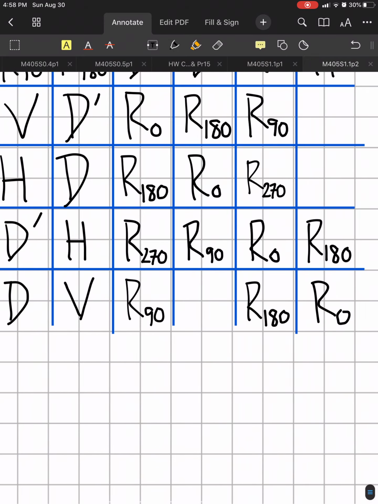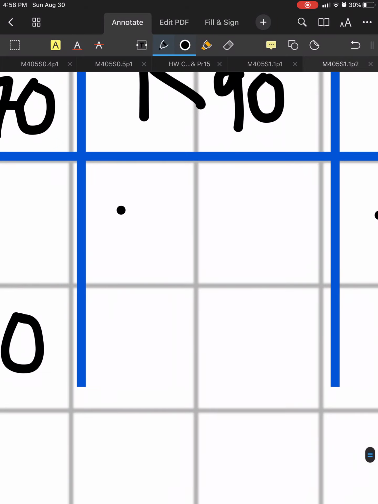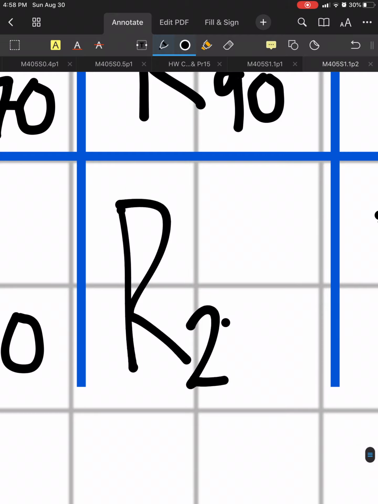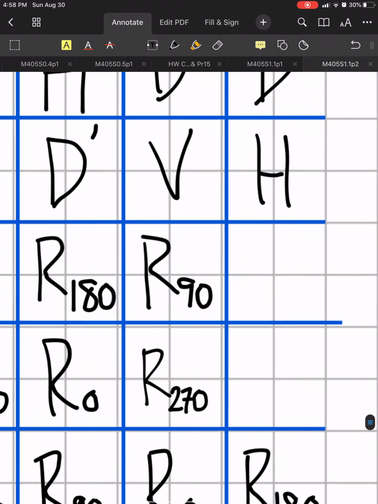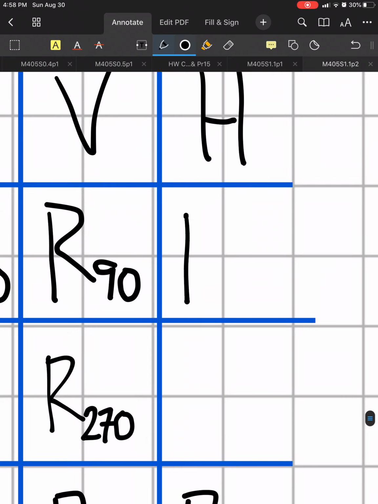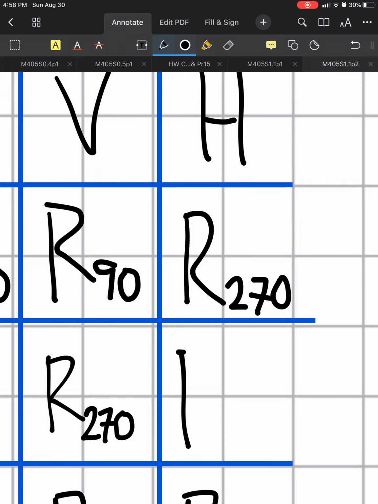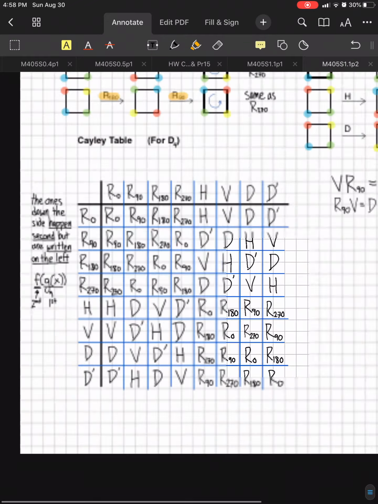This is probably R270. This one has to be R90, or R270, sorry. The last one has to be R90. And that fills in the chart.